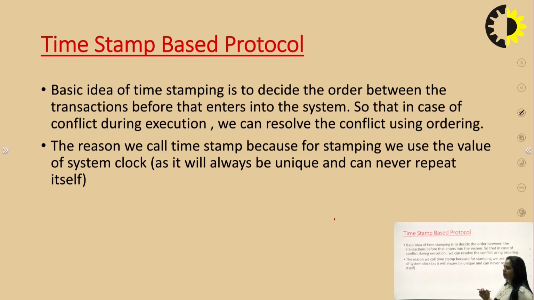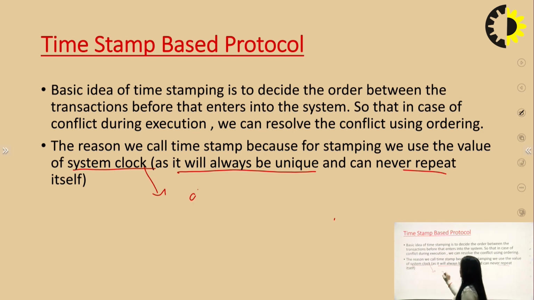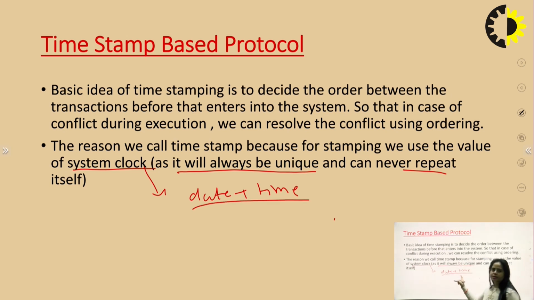To overcome these problems, we use the system clock for stamping the transaction. Why? Because it will always be unique. The time of a system clock along with its date is always unique and can never repeat itself. So the system clock is used as date plus time. This timestamp will always be unique for each and every transaction and can never repeat itself. That's why we use the system clock.